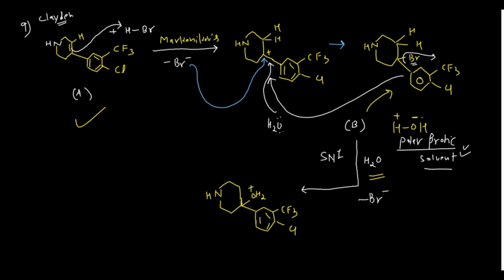So for better understanding, I can write this in that manner. My H and my H, okay, earlier it had two lone pairs over there. See here, two lone pairs are there, one is used, so it is left with one only. And finally what will happen, this will be knocked out and that hydrogen will be removed from here as H positive, and you will have your final product.